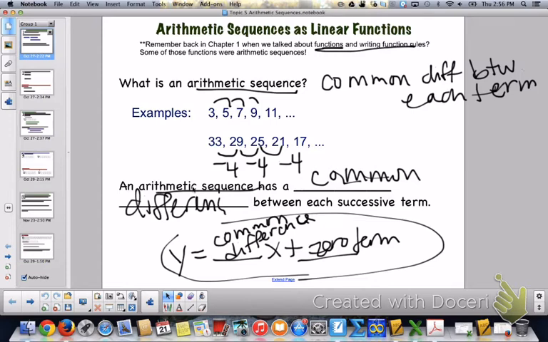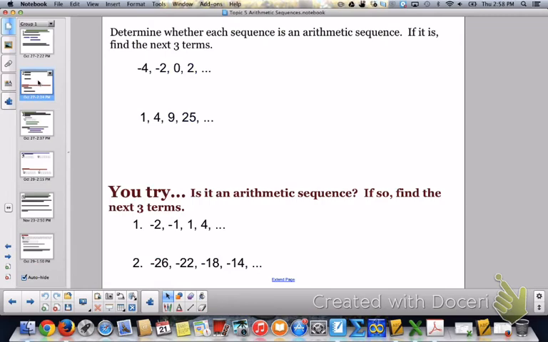Okay, so going on to the next page. We have determine whether each sequence is an arithmetic sequence. If it is, find the next 3 terms. So basically, does it have a common difference? Negative 4 to negative 2, I add 2. Negative 2 to 0, I add 2. 0 to 2, I add 2. So yes, it is.